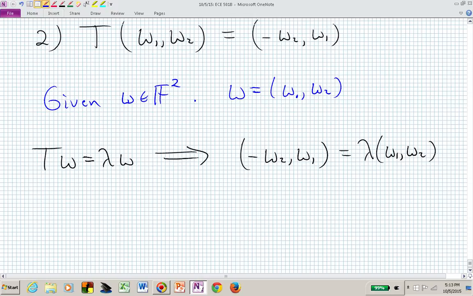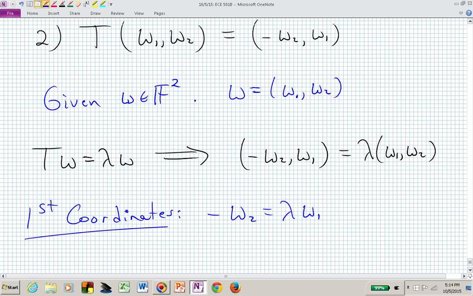So let's look at the first coordinate. We really have two coordinates, and maybe we can use those to find what lambda needs to be. From the first coordinate, we know that minus W2, the second coordinate negated, must equal lambda times W1. And we could multiply that by minus 1 on both sides, and we now find that W2 is minus lambda W1.